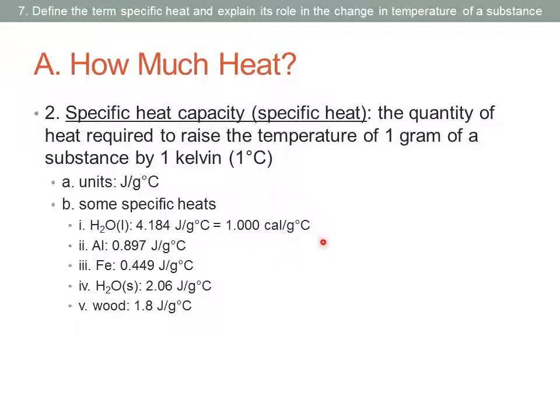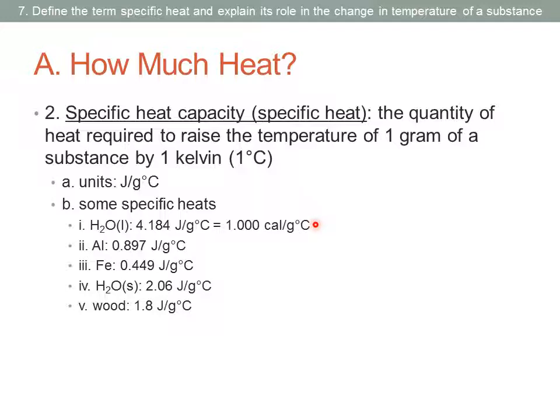The reason why is that the calorie is actually defined this way. The definition of how much energy a calorie is, is how much energy it takes to change the temperature of 1 gram of water by 1 degree Celsius. So that's why it works out like this. Any other specific heat you would either be given in the text of a problem, or you'd be able to look it up on a table. This is the only one you need to memorize.